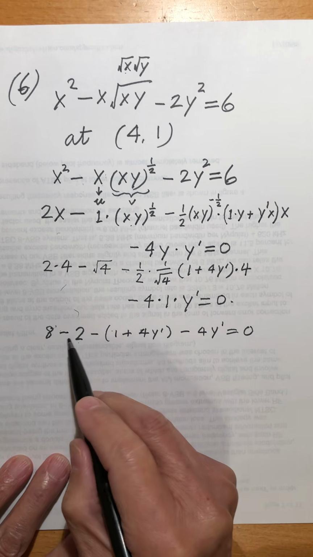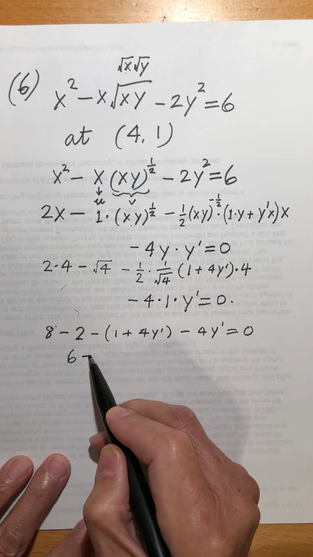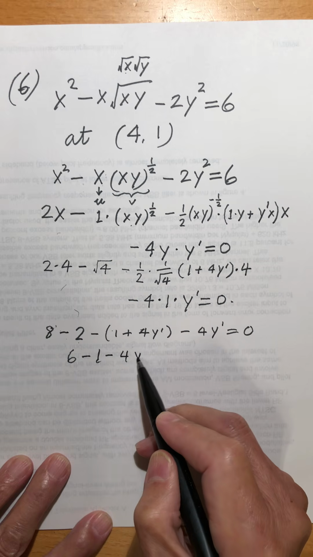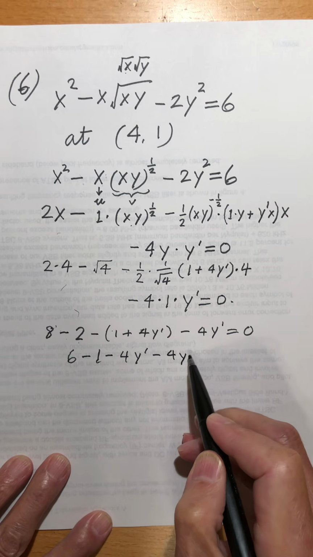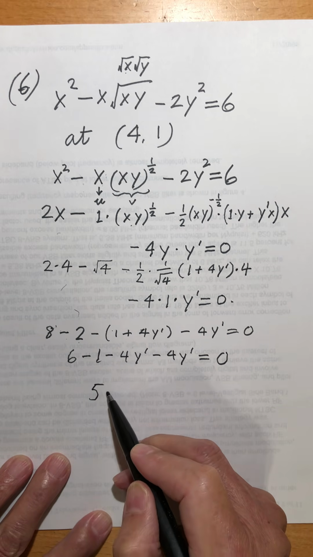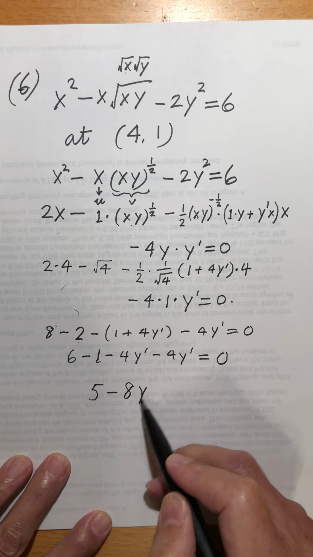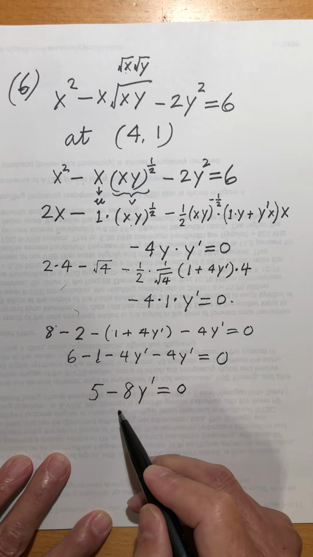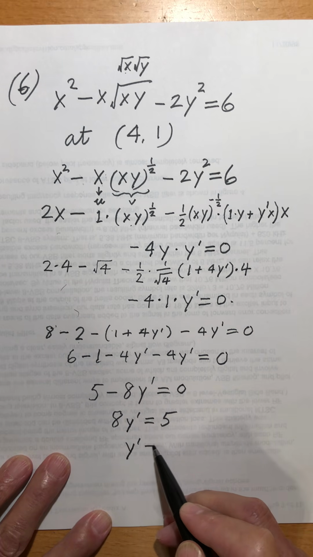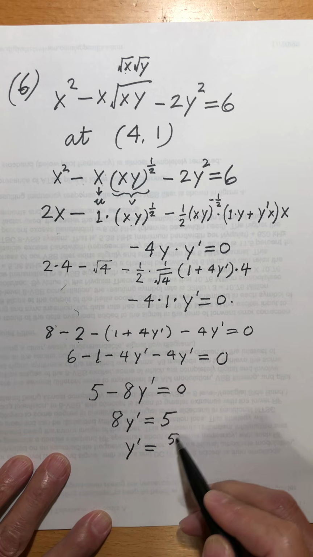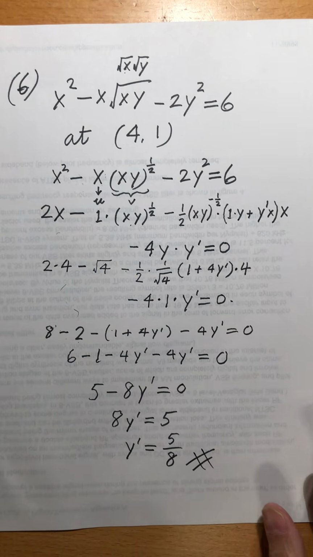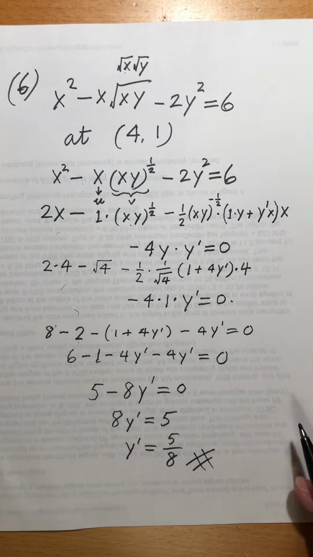All right, so 8 minus 2 is 6. 6 minus 1 is 5. Then minus 4y prime minus 4y prime equals 0, which is 8y prime. So 8y prime equals 5. So y prime is 5/8. So this is my answer, and this is the answer given in the question sheet. So we are okay now.